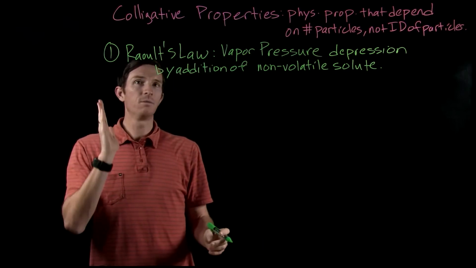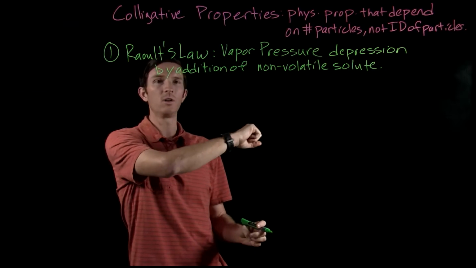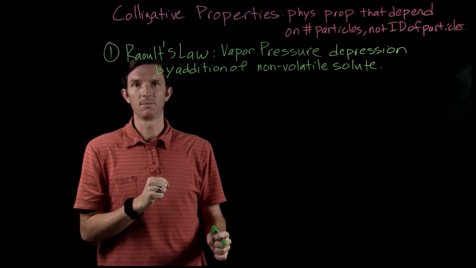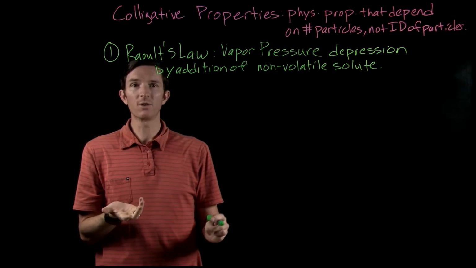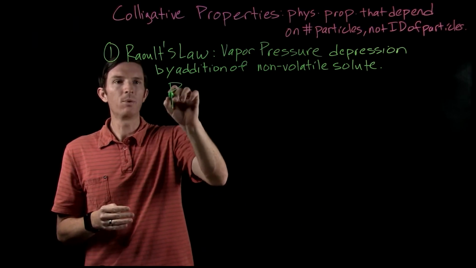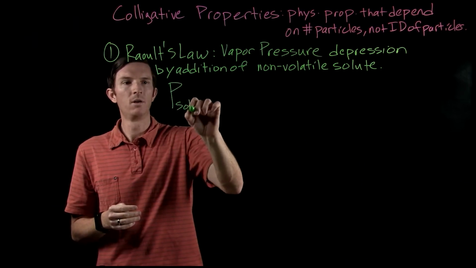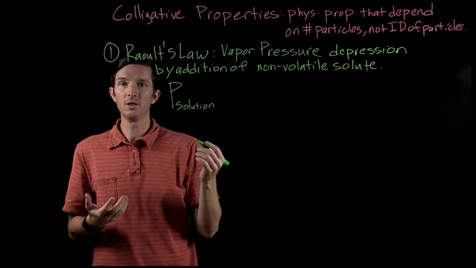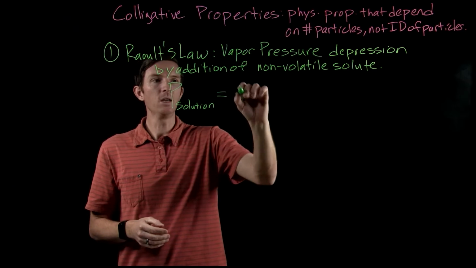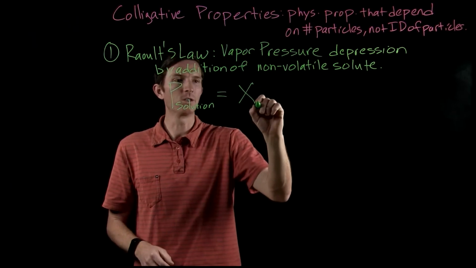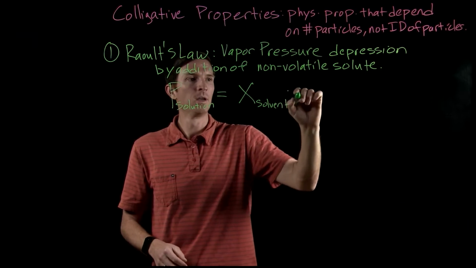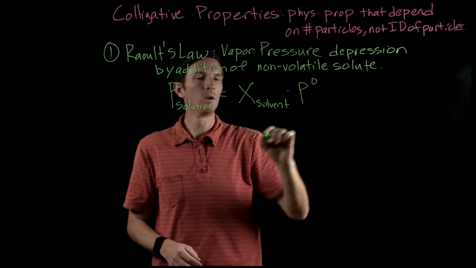So the addition of a non-volatile solute causes the vapor pressure to decrease. We can describe this by the pressure of our solution.